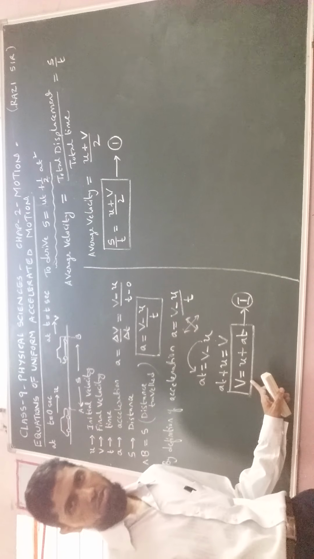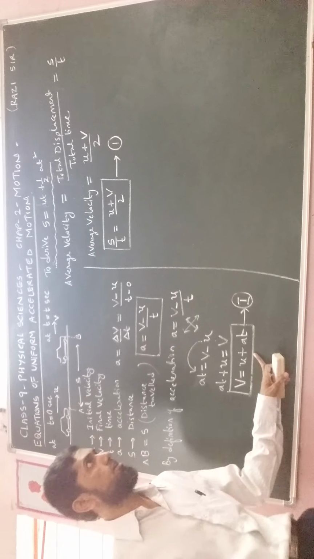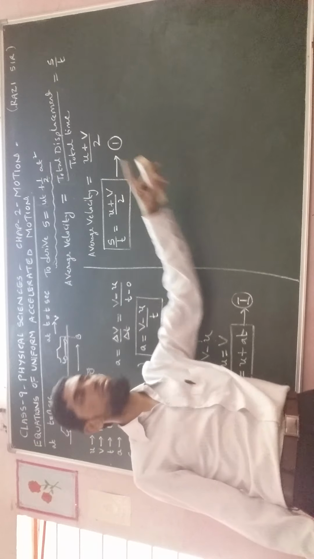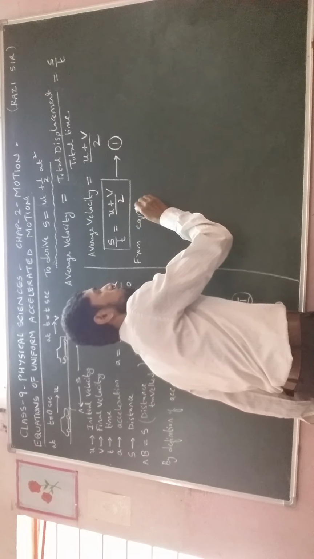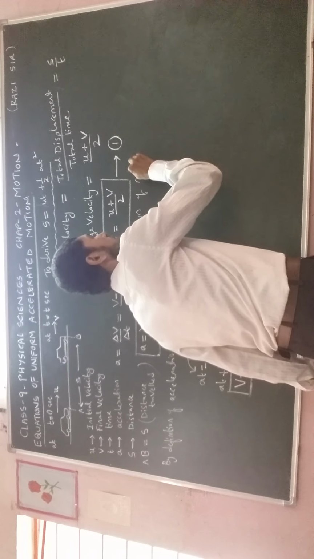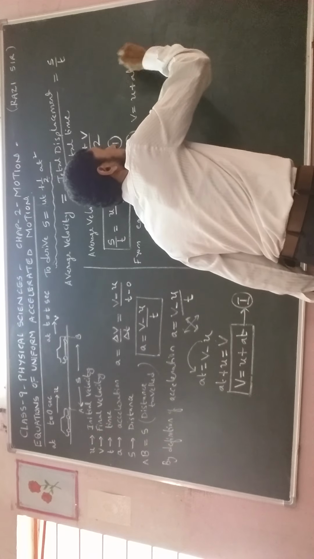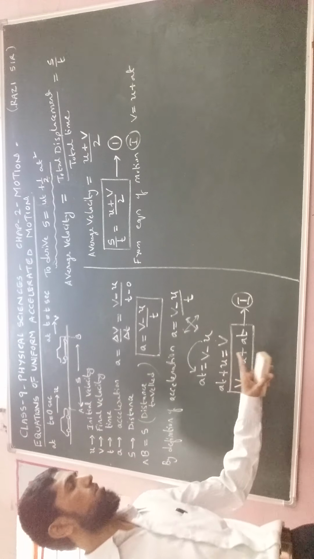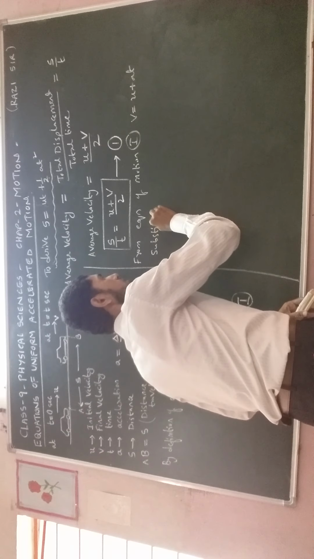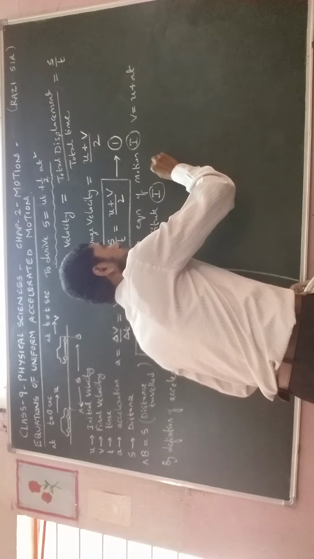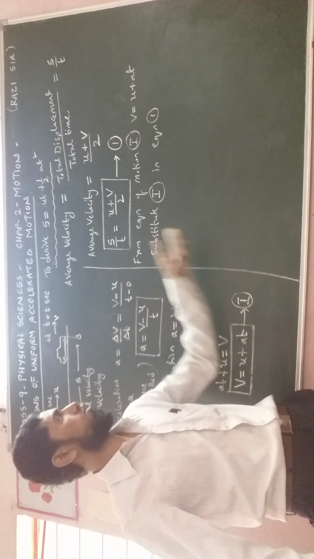Now according to the first equation of motion, v equal to u plus at. So we substitute this v equal to u plus at into our equation number 1 in the box. What is equation number 1?